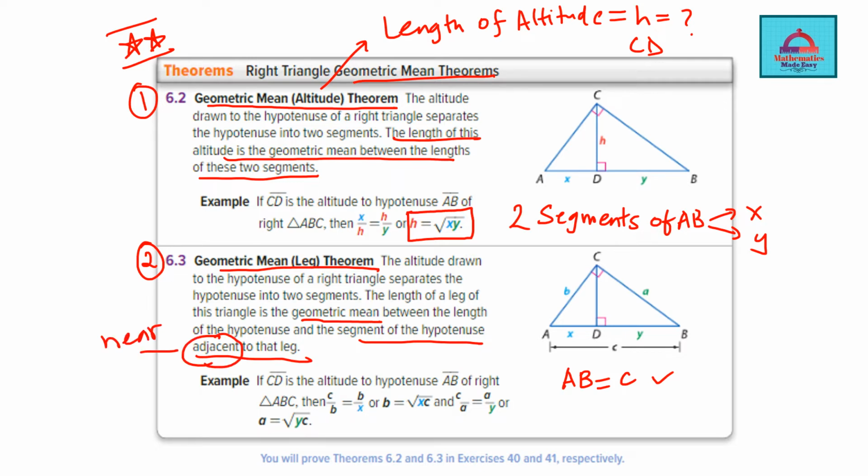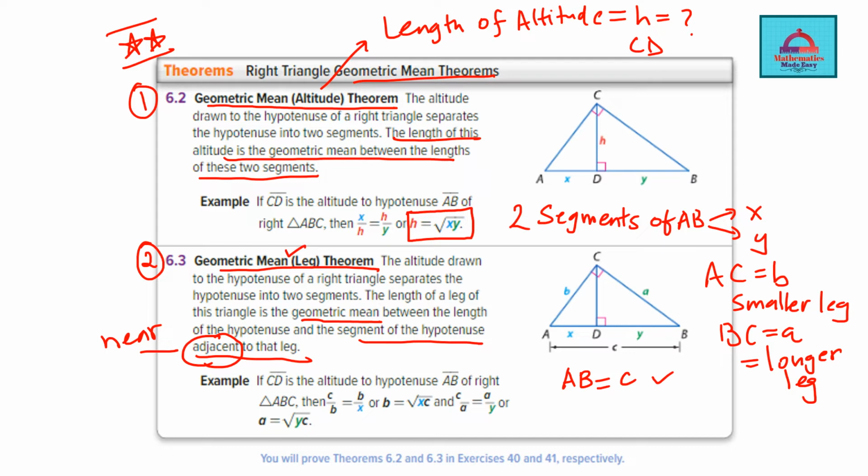So for example, you need to find the length of B first. AC equal to small b is the smaller leg of the right triangle ABC, and BC equal to A is the longer leg. These are the lengths A and B that we need to find, because it is the geometric mean leg theorem. So what is the theorem saying?